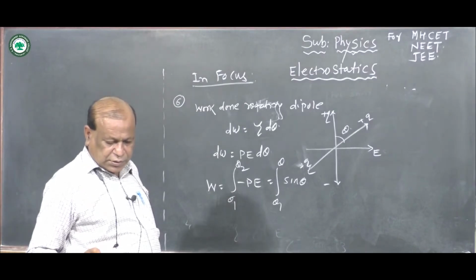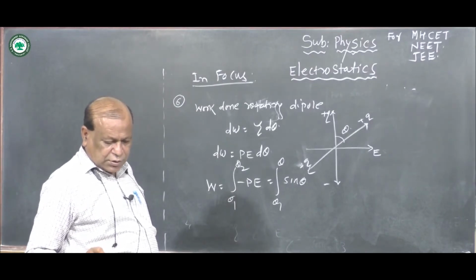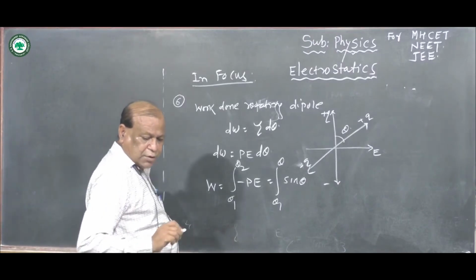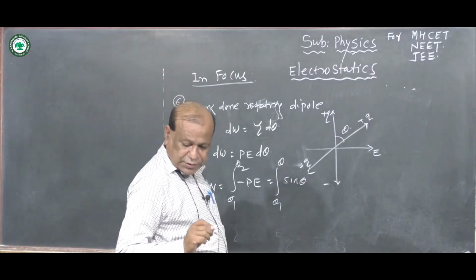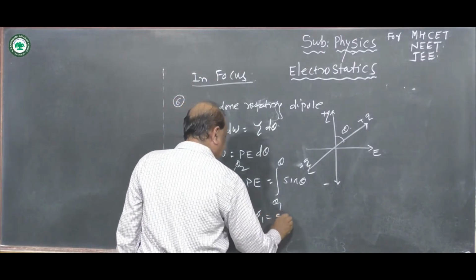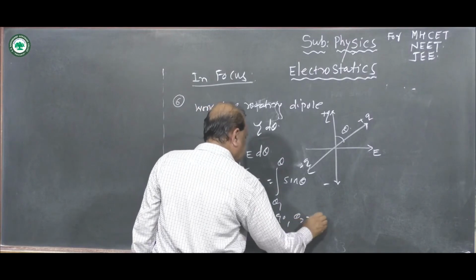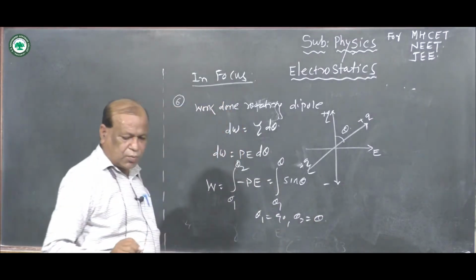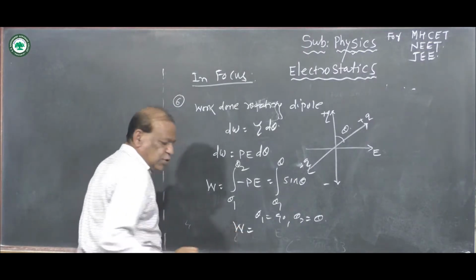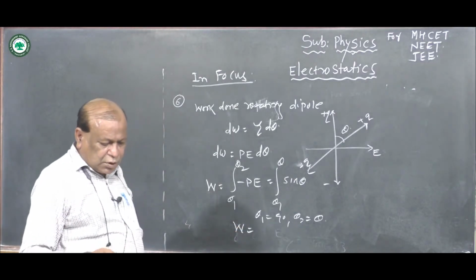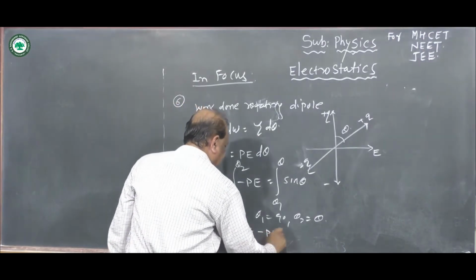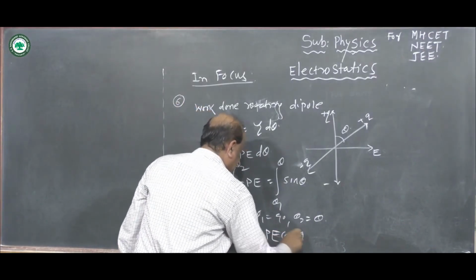For taking theta 1 equal to 90 degrees and theta 2 equal to theta, for this value the total work done W is equal to minus PE cos theta.